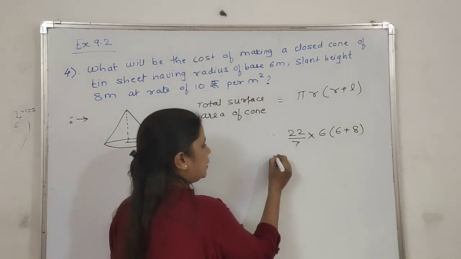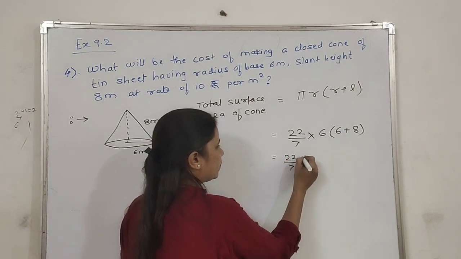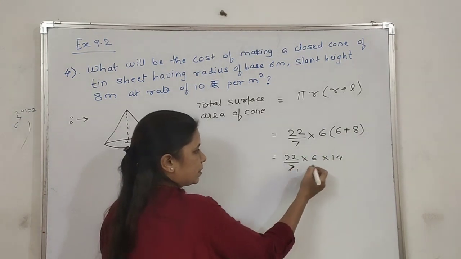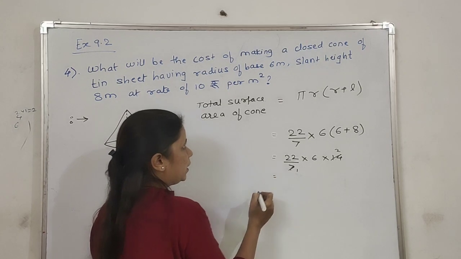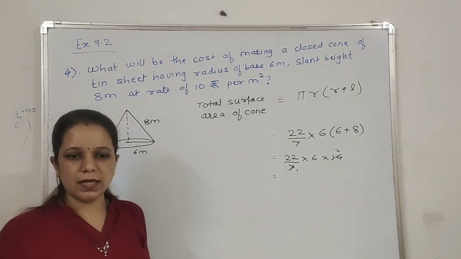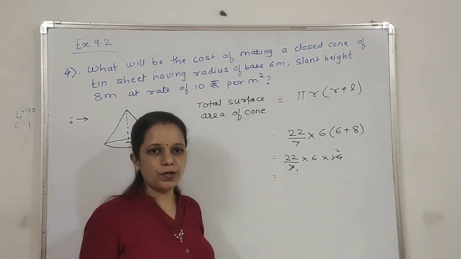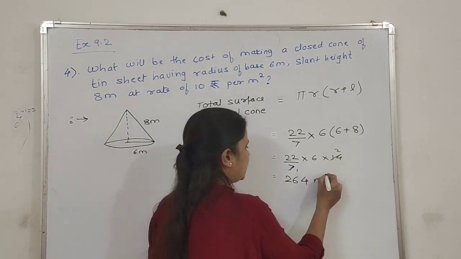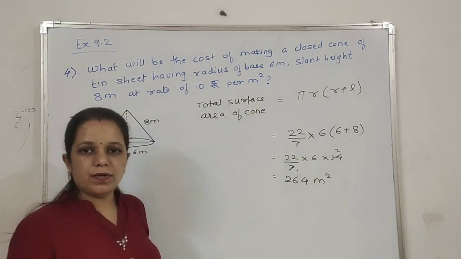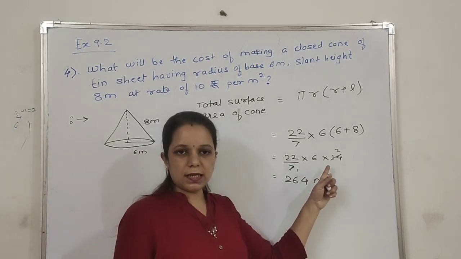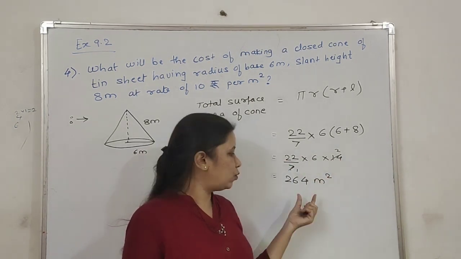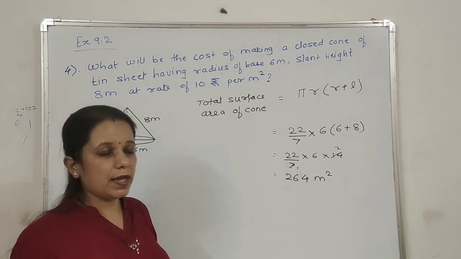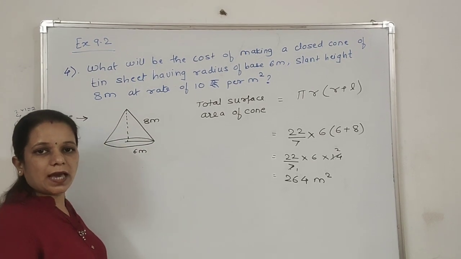So now very easy calculation, 22/7 into 6 into 14, 6 plus 8. 7 twos are 14. So total surface area for the cone will be 264 meters square. When we multiply 22 with 6 and then again with 2, we will get 264 meters square.